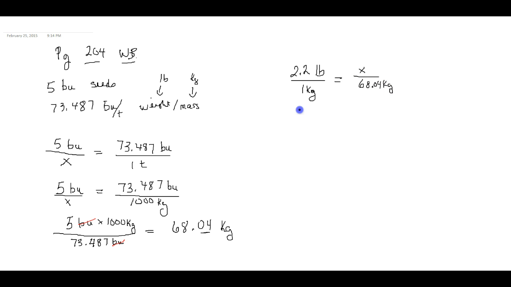Cross multiply and divide: 2.2 pounds times 68.04 kilograms divided by that 1 kilogram. Our units cancel, and we can calculate that. And we come up with 149.7 pounds in those 5 bushels. So you only want to be moving those by yourself.